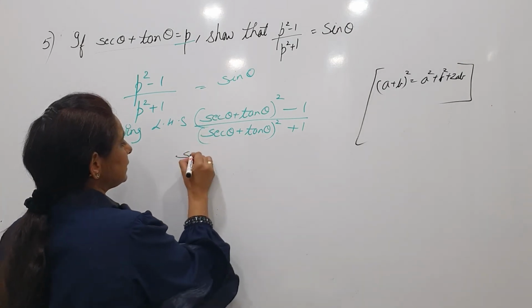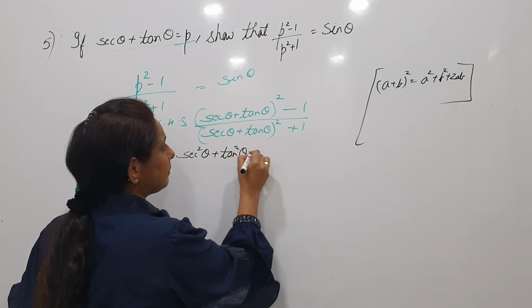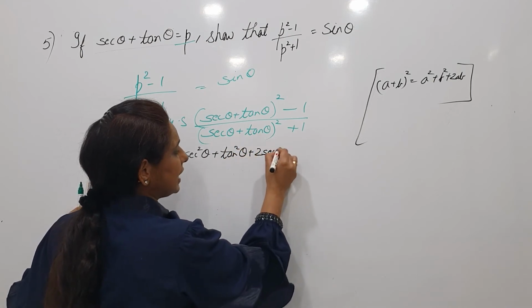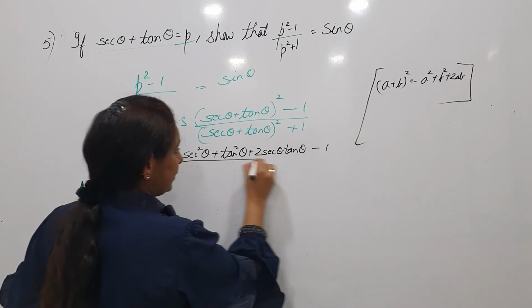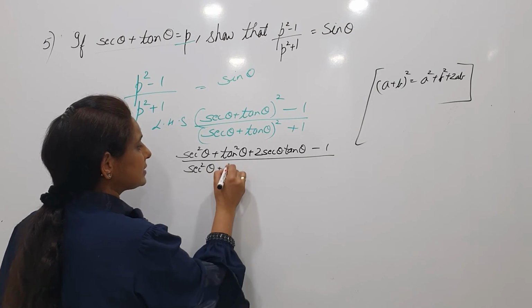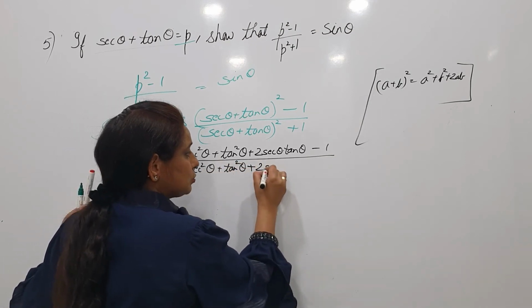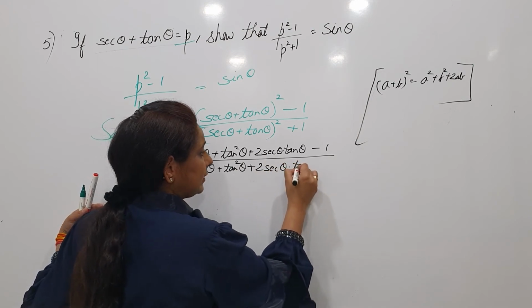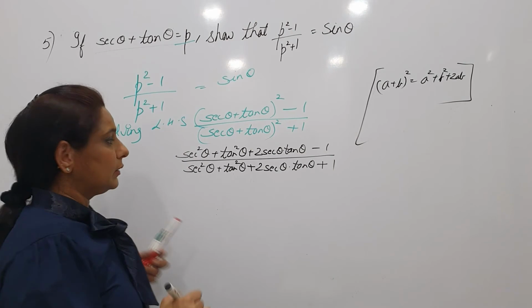We will get sec square theta plus tan square theta plus 2 sec theta tan theta and then minus 1. डिनोमिनेटर भी बिल्कुल सेम होगा, sec square theta plus tan square theta plus 2 sec theta tan theta, but the only difference is we are going to write 1 here.